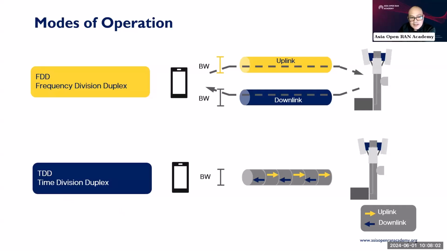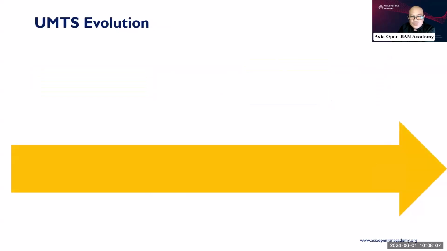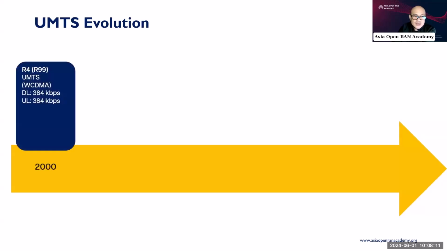If you look at the UMTS evolution, from 2000 we have release 4 or release 99. 3G started with 384 kbps in downlink and 384 kbps in uplink.